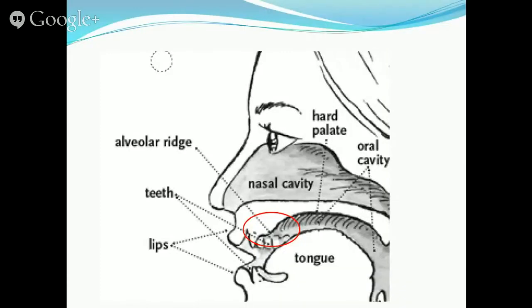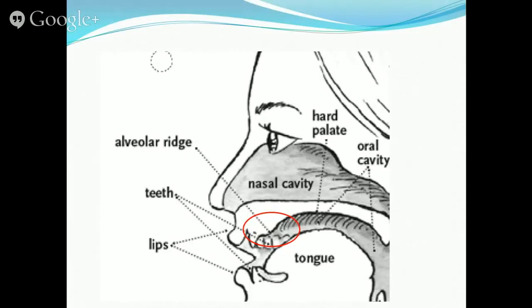What is that bump called? I'm not going to pronounce that word because I always pronounce it wrong. So I'm going to say it's the alveolar ridge, the ridge. And this is a very important ridge. And in this case, why?